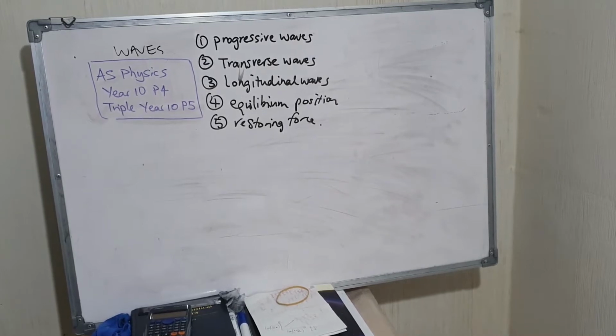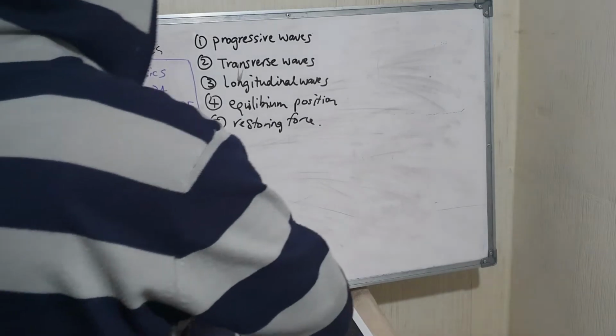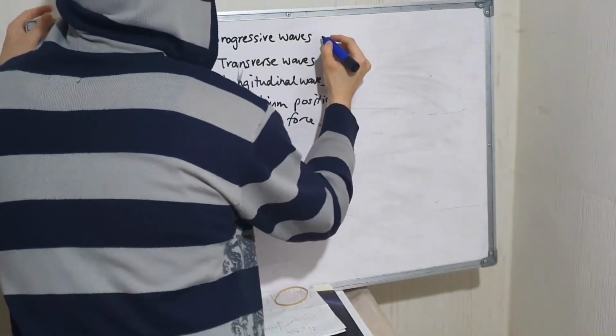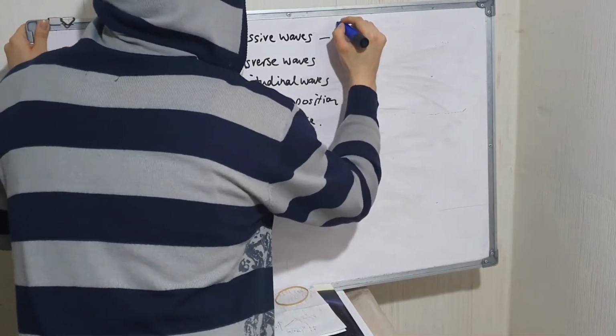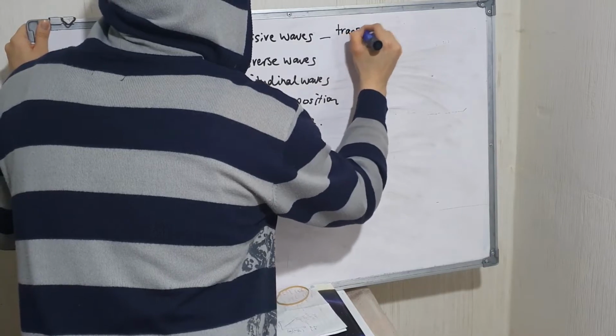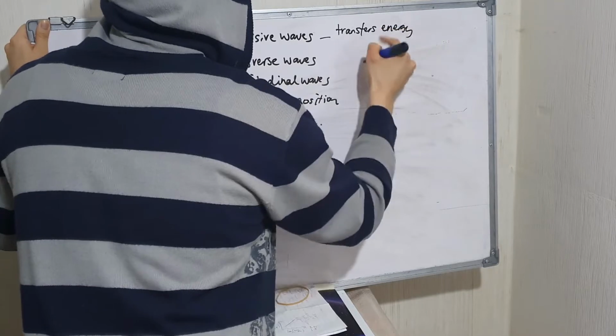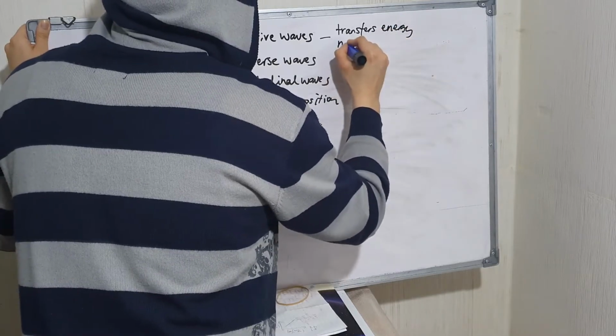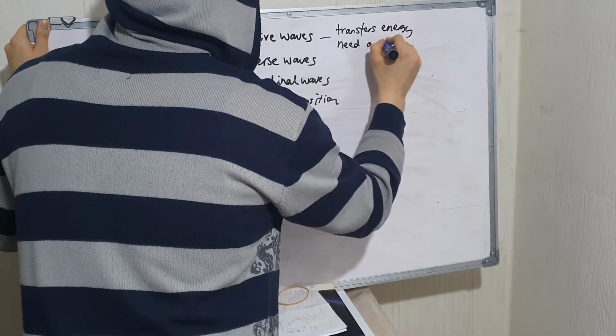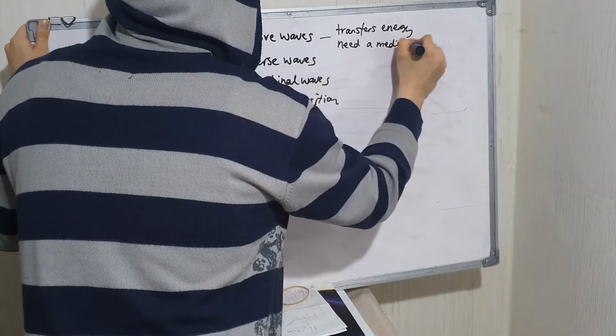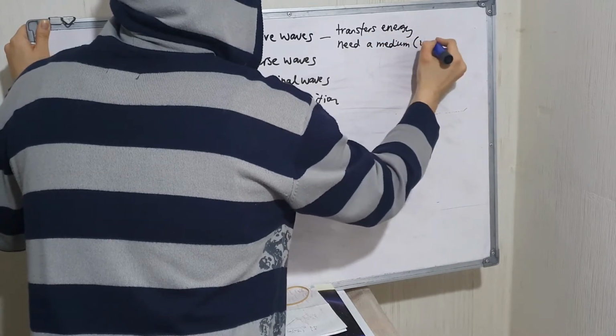Okay, so what is a progressive wave? A progressive wave is one that transfers energy, and it would need a medium, and in some cases it could be just a vacuum.